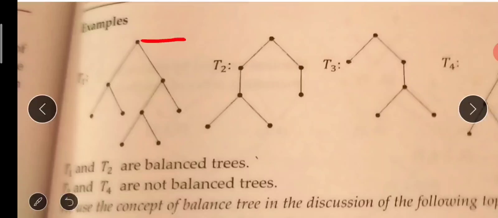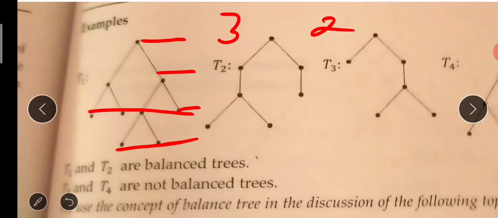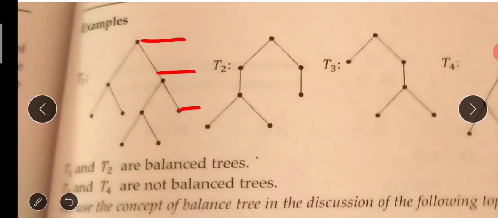Observe this very clearly: the levels are 0, 1, 2, 3. Every leaf should be at the third level or the second level. This is the third level, this is the second level, h minus 1. Every leaf is at height h or h minus 1, so the first one is a balanced tree.